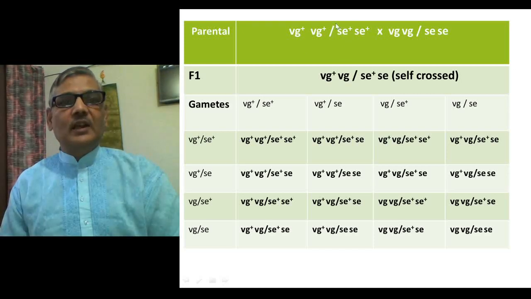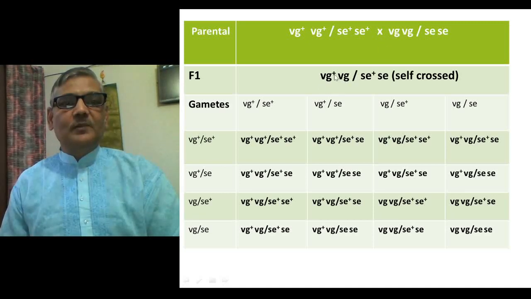These flies were crossed with mutant male flies which were vestigial winged and sepia color, because on their second and third chromosome there were mutations for wing shape as well as for eye color. Now when they are crossed, what will happen in the next generation? This Vg+ and the Vg from the male side will come.